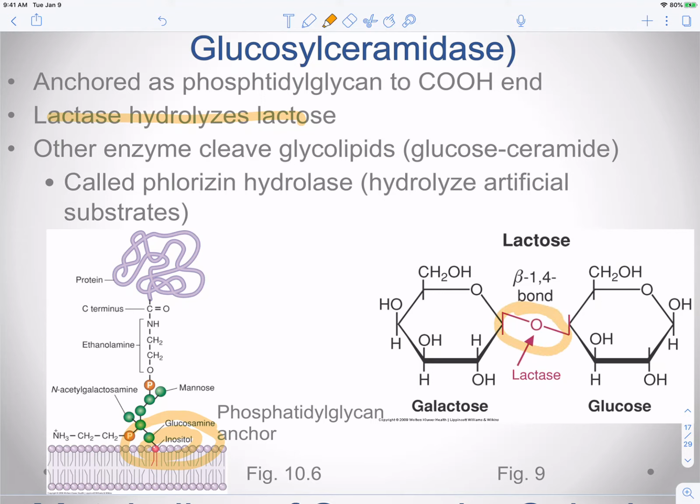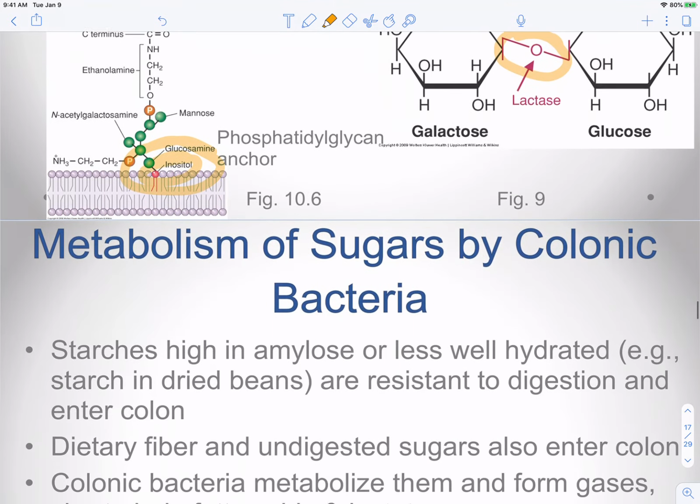And then the other enzyme cleaves the glycolipids, so they will remove glucose from ceramide, for example. They're also important for hydrolyzing artificial substrates, so they can remove glucose from artificial sugars and things like that, and they can hydrolyze them as well.